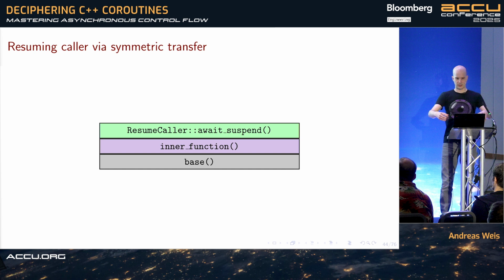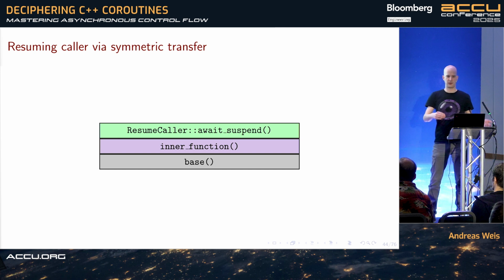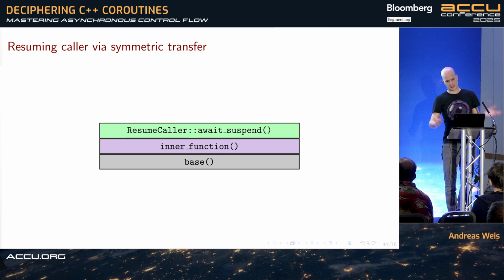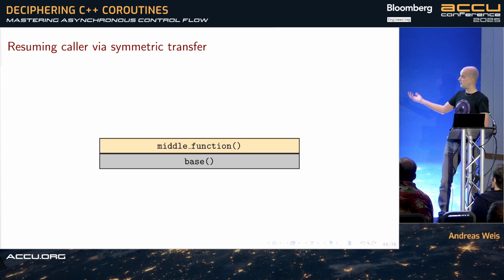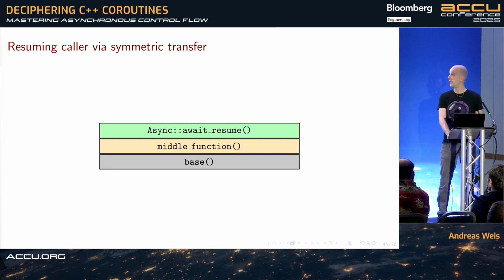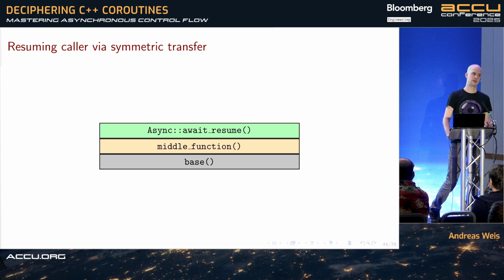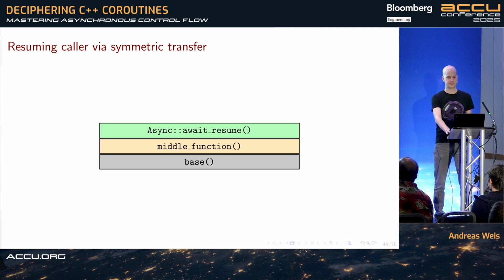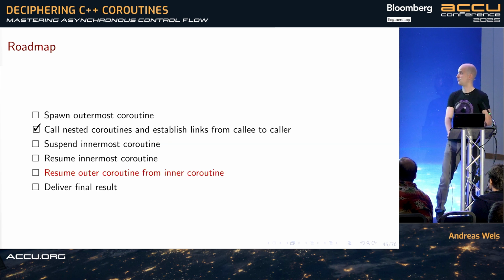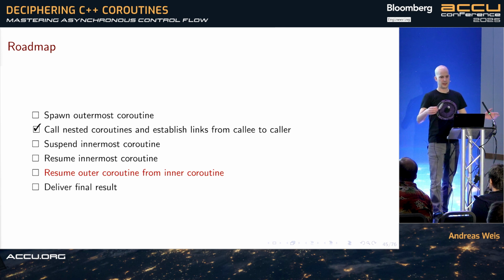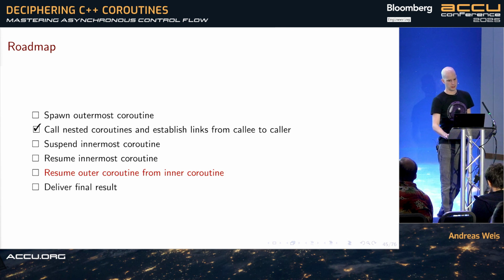And then the resume caller will initiate the symmetric transfer, and then the inner function will just disappear off the stack. The middle function will take its place, and it will continue executing. So that's how this works. That's how you resume an outer coroutine from an inner one.